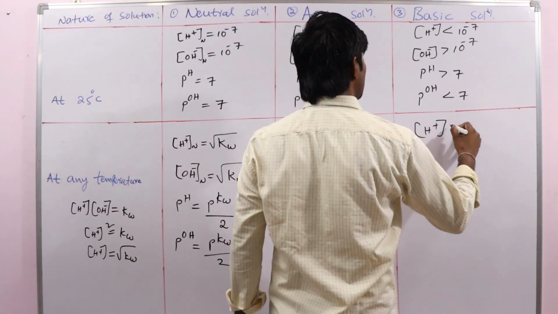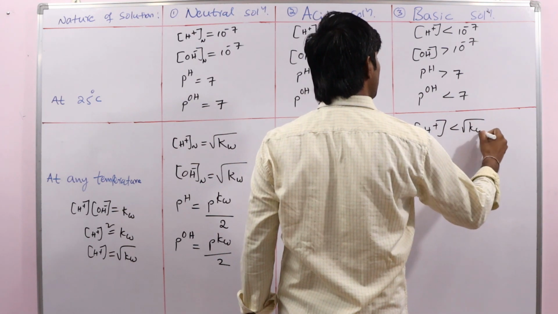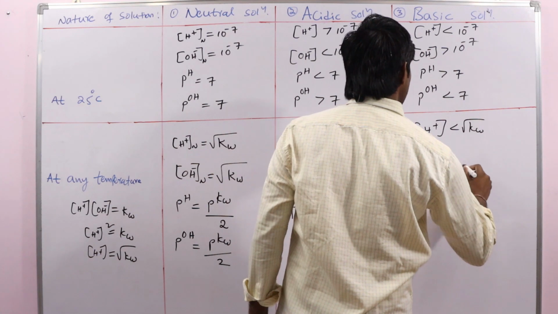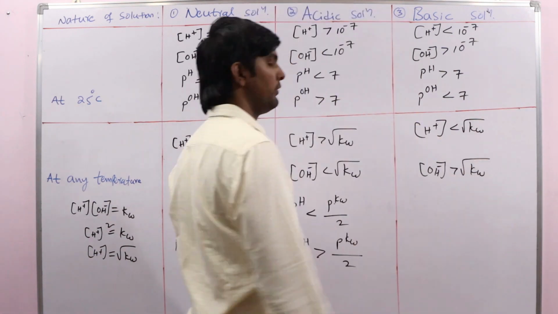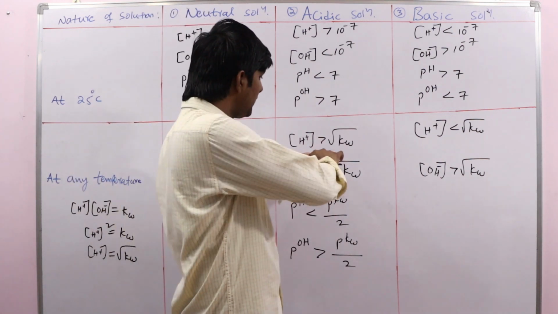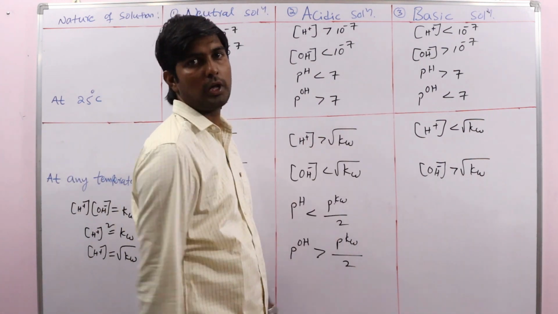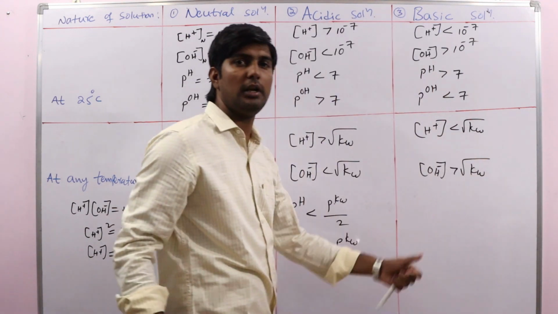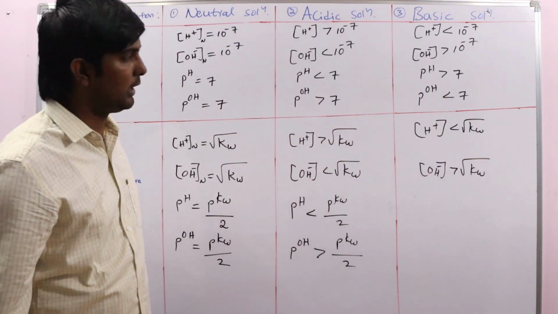Okay, next the general case. So H plus ion concentration is less than root Kw and OH minus ion concentration is greater than square root of Kw. See here, in the acidic solution H plus ion concentration is greater than square root of Kw. In the basic solution H plus ion concentration is less than square root of Kw.